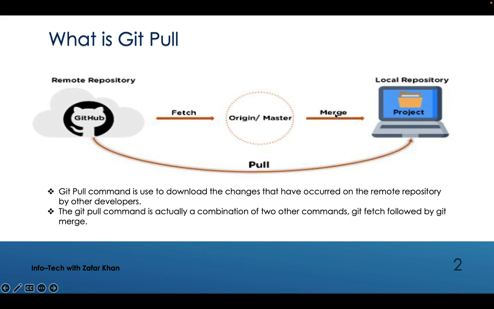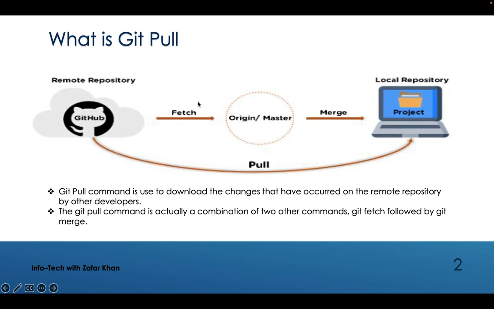How does it work? The git pull command first runs git fetch, which downloads the contents from the specified remote repository. Then git merge is executed to merge the remote content into a new local merge commit. So this is the overall concept of git pull.